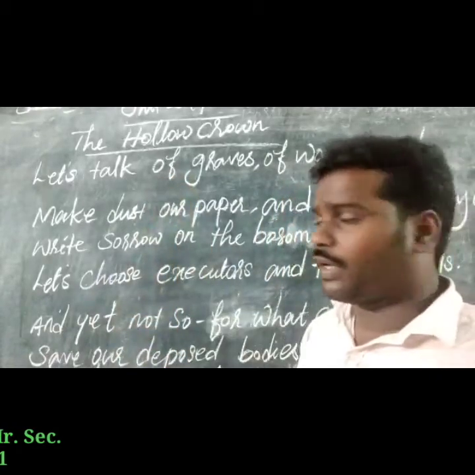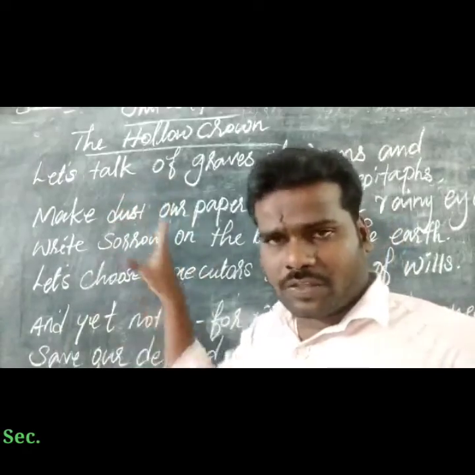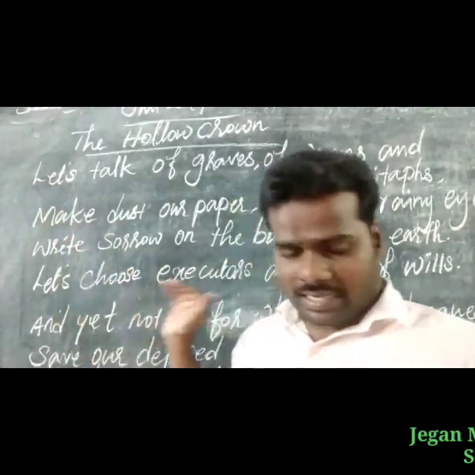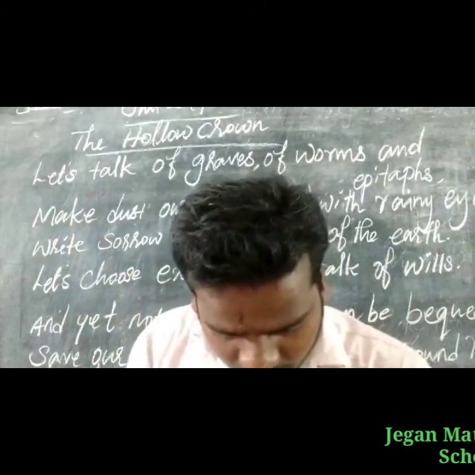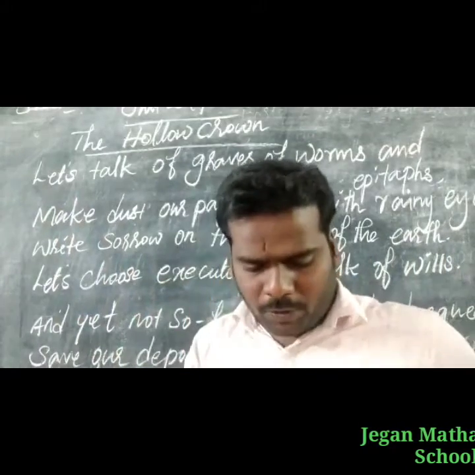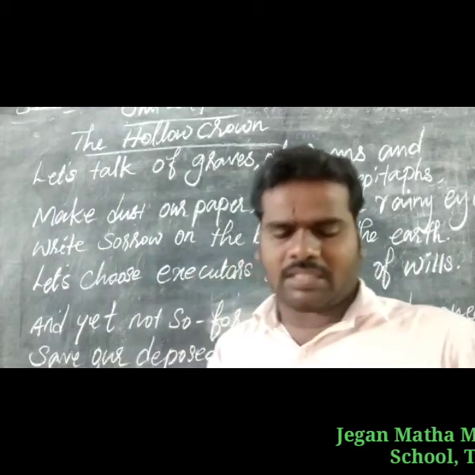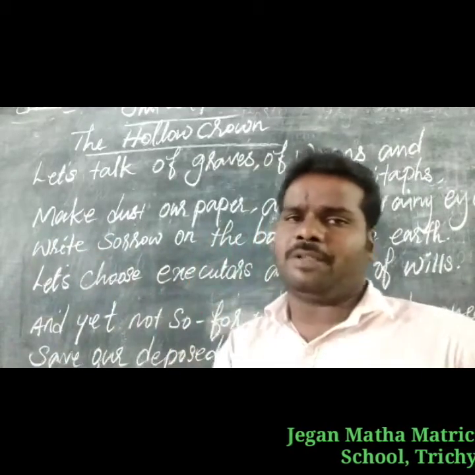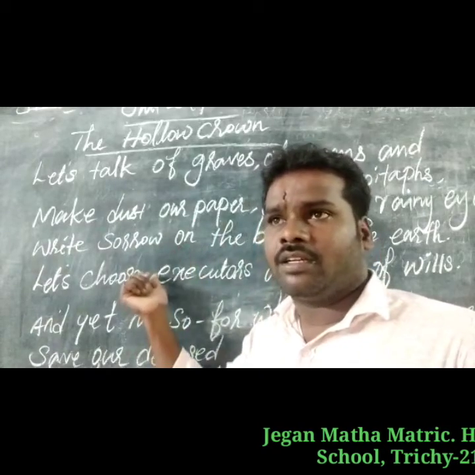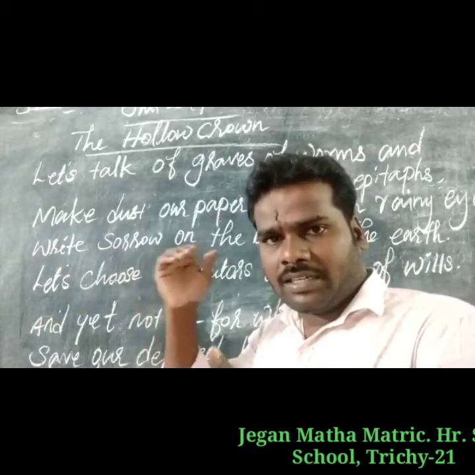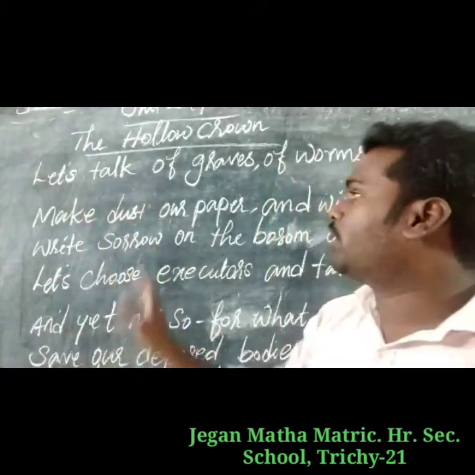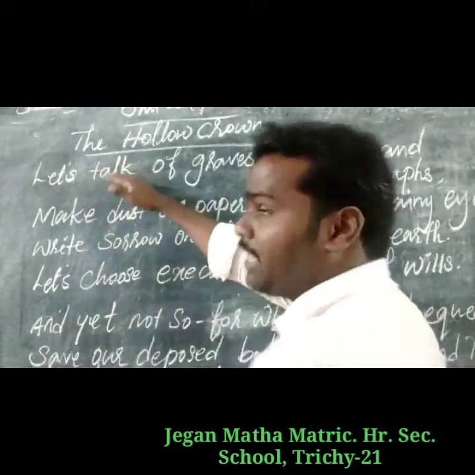We have 8 stanzas of this poem, and I have written 2 stanzas here. First listen to the reading of the complete poem, then read silently and try to answer the questions. After completing this poem, the poem appreciation, alliteration, figures of speech and similes will all be covered. Let us learn about the first 2 stanzas.